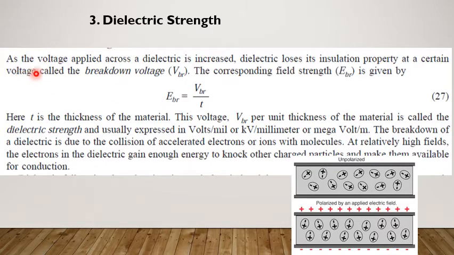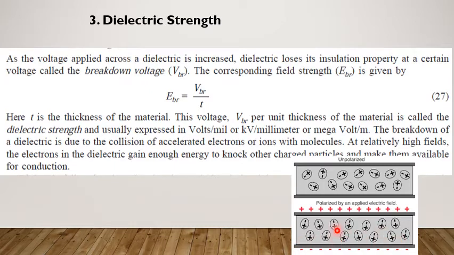Dielectric strength. As the voltage applied across a dielectric is increased, the dielectric loses its insulation property at a certain voltage called the breakdown voltage. Here an electric field is applied across a dielectric material, and by increasing the voltage, a time reaches when flow of current will start, and that voltage is called the breakdown voltage.